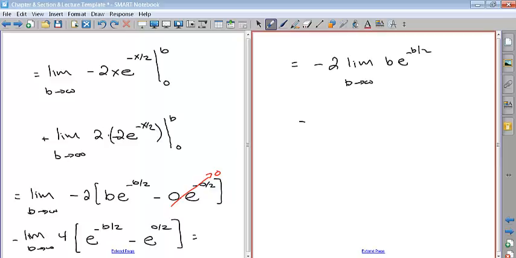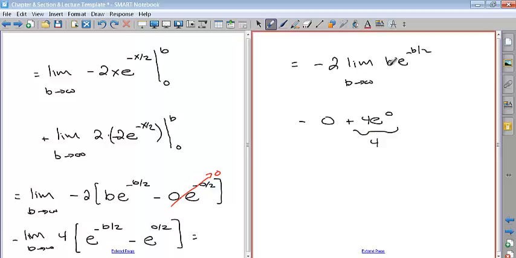Well, e to the minus infinity is 0. So this one's going to go to 0. And then I have a minus times a minus, which is a plus. So I'm at plus 4 times e to the 0, which of course is 4. E to the 0 is 1, so that's going to be 4.